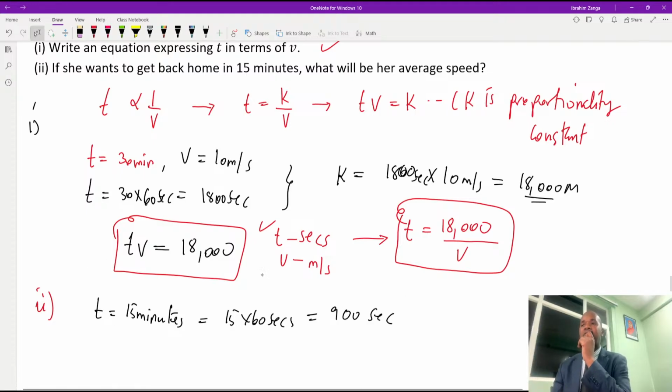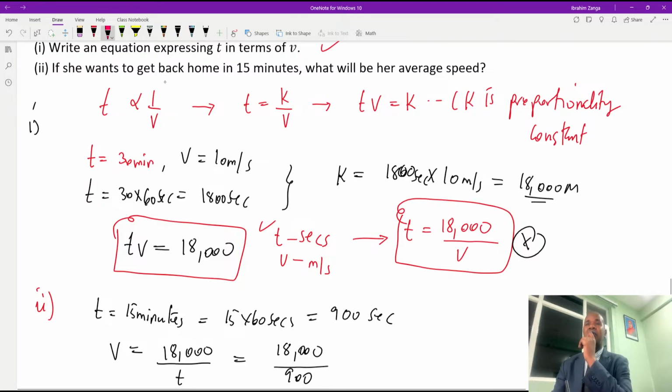So we are looking now for v, and from this formula here, we can make v the subject. We can say v equals 18,000 divided by t. So you have 18,000 divided by 900. You simplify now. Two zeros will be going with these two zeros.